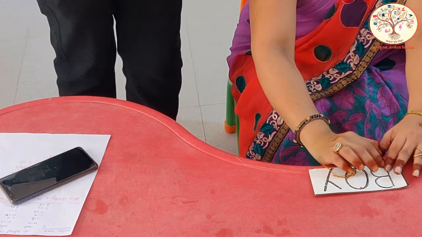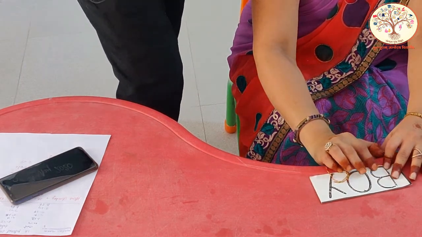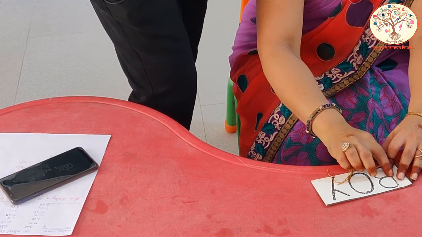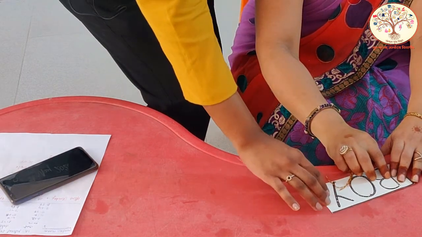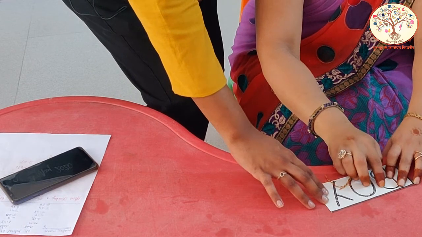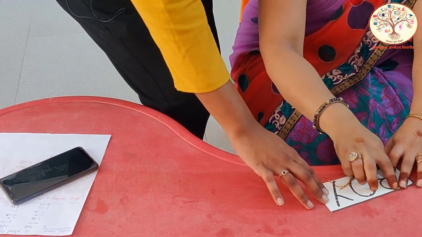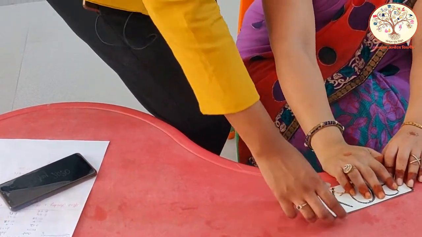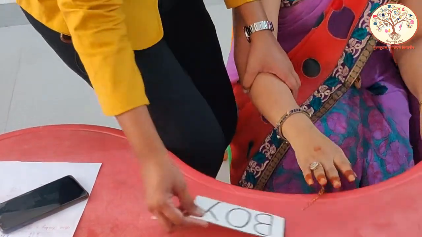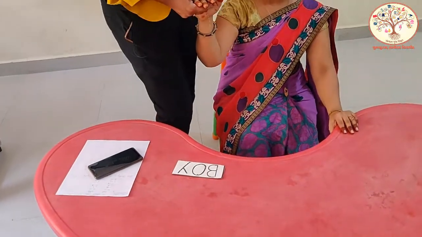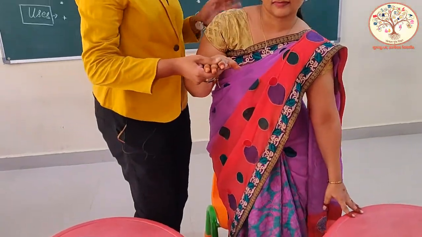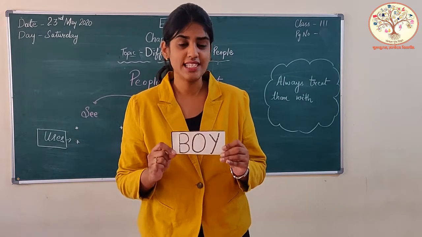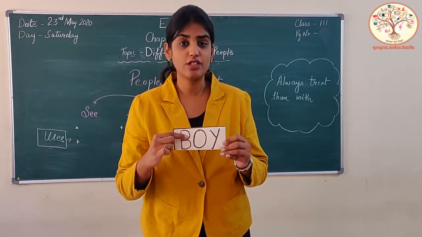Children, can you see how she is using her finger to feel the dots? Yes. B. Very good. So this is how the people who are not able to see can overcome their problem. So this is known as Braille Script, which has raised dots.